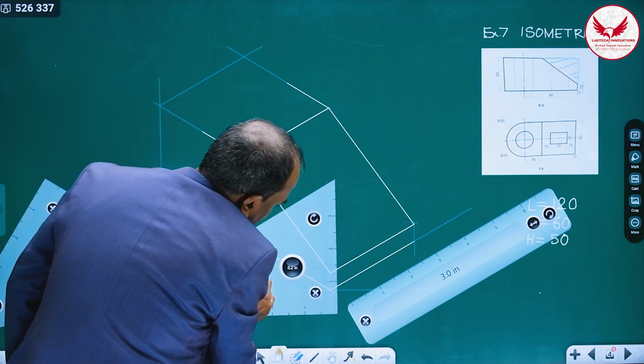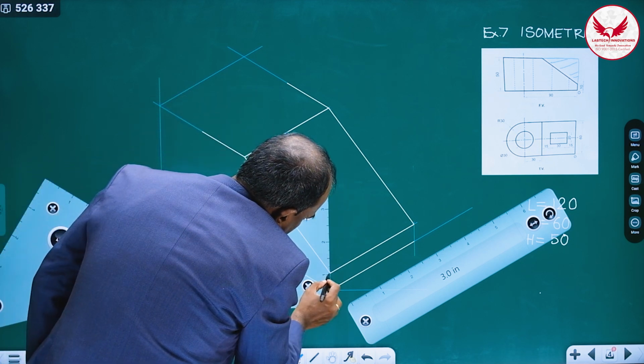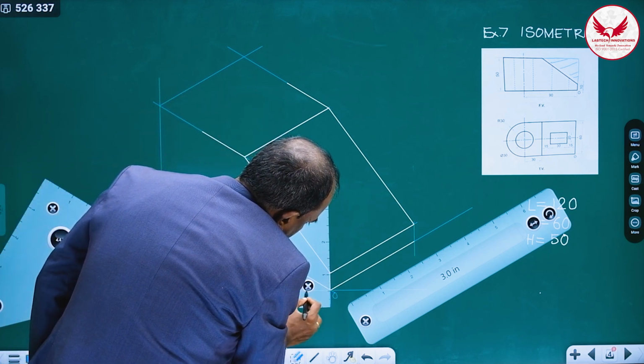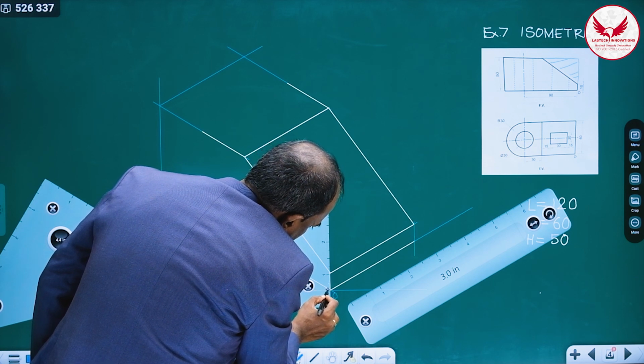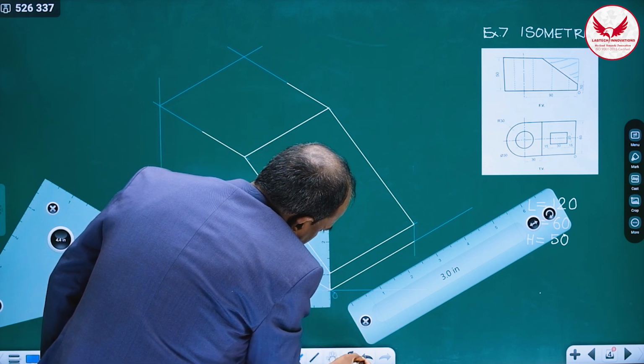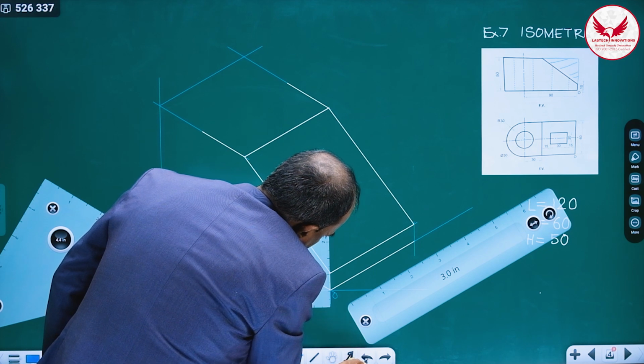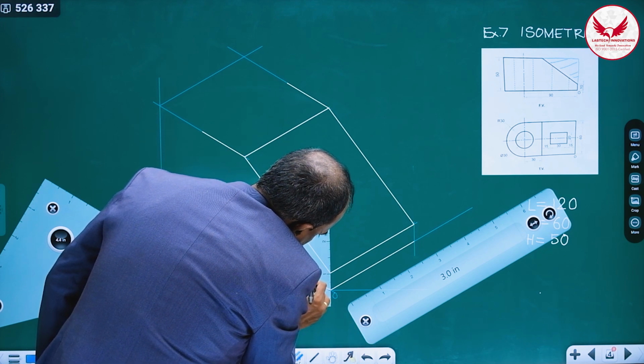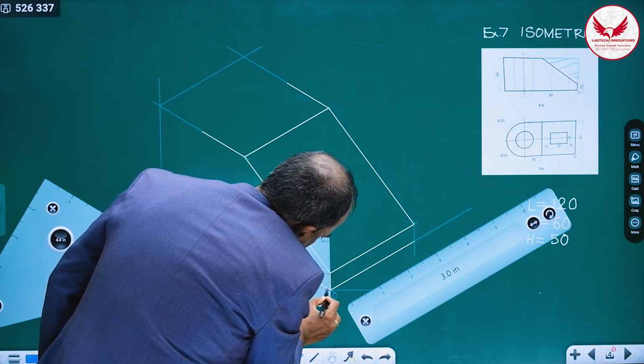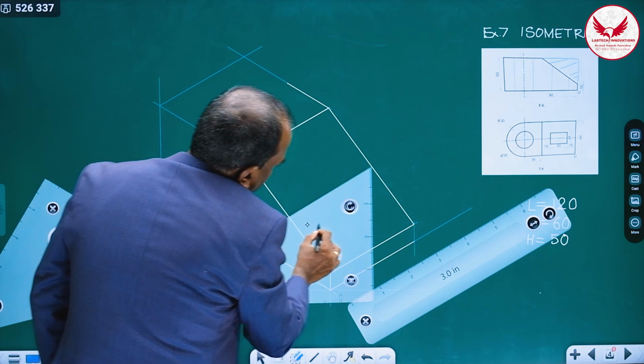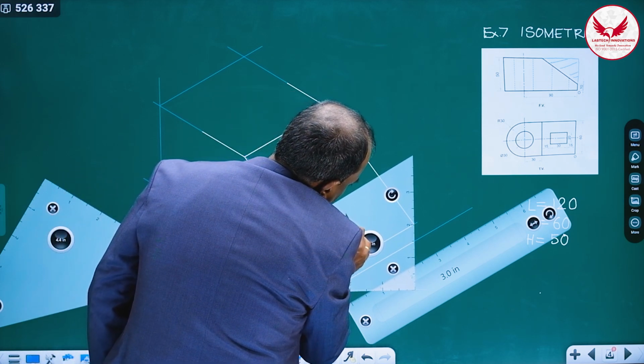Then it is 10. It is 10, and here also it is 10.